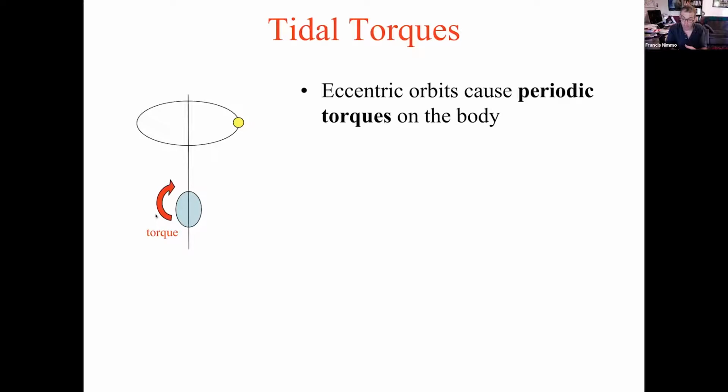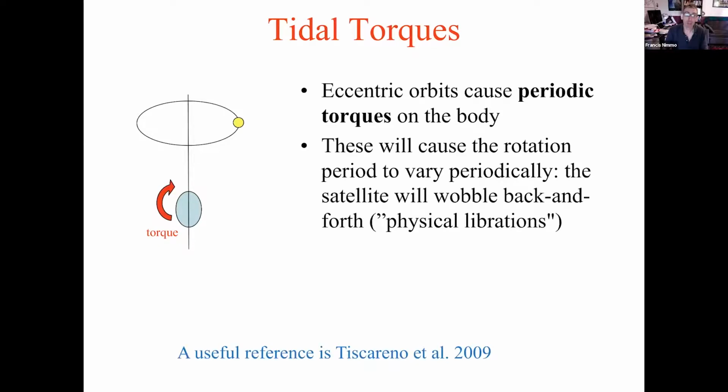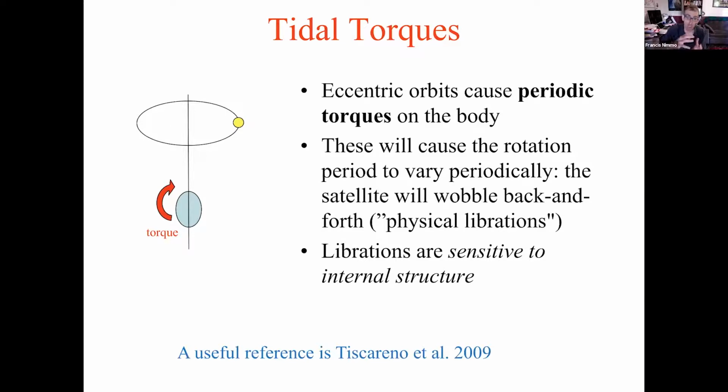And so over the course of an orbit, the satellite experiences these periodic torques, and if you apply a periodic torque to a body, that causes the rotation rate to change. And so the satellite is actually going to wobble backwards and forwards around its mean rotation state. And those are called physical librations. And the really important point about physical librations is that they tell you about the internal structure of the object. So this wobbling backwards and forwards tells you something about the internal structure.